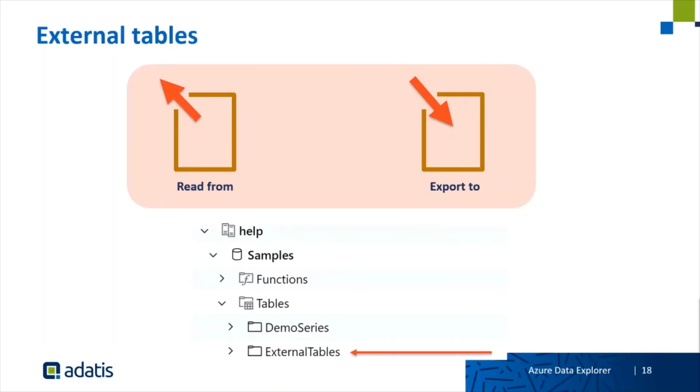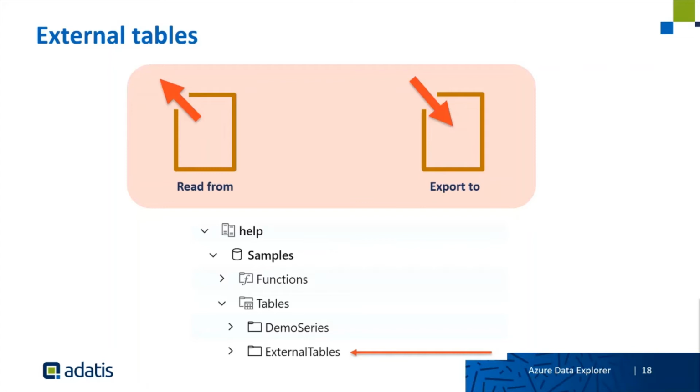So one other feature that Azure Data Explorer offers is external tables. This is quite similar to PolyBase external tables, if anyone has used Azure Data Warehousing or Azure Synapse before. It allows you to read from, for instance, a blob storage without ingesting the data, and also export your data back to it through the same external table.